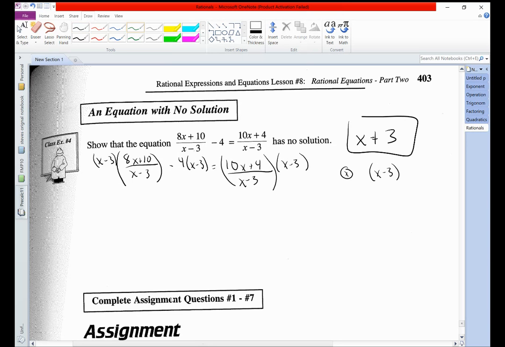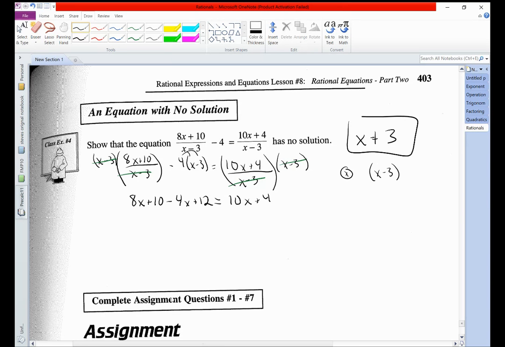And the reason I do this is to get rid of any x terms in the bottom. So you can see that those cancel and those cancel. So now I'm left with 8x plus 10 minus, I'm going to factor that through, minus 4x plus 12, and that's equal to 10x plus 4.